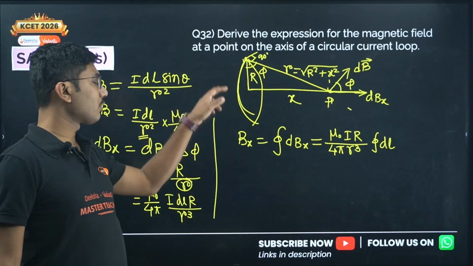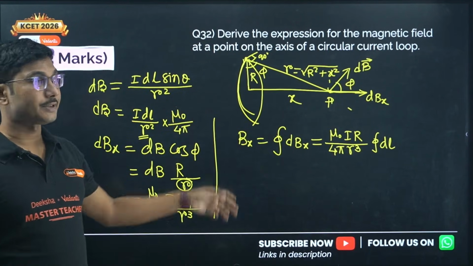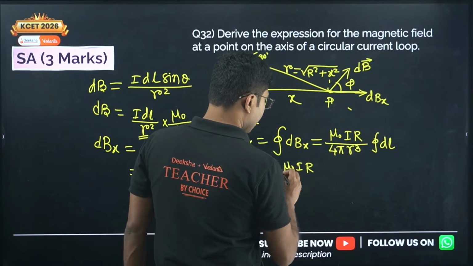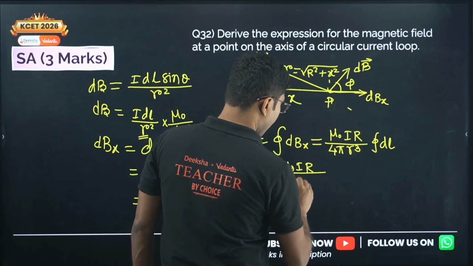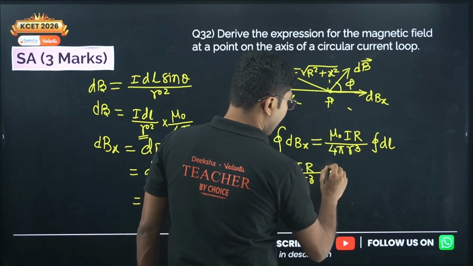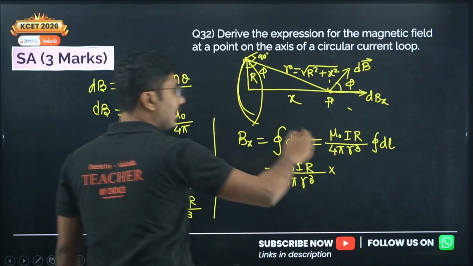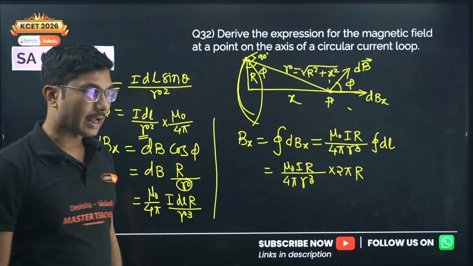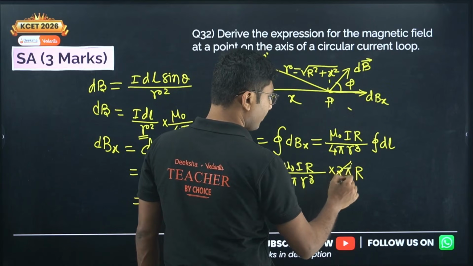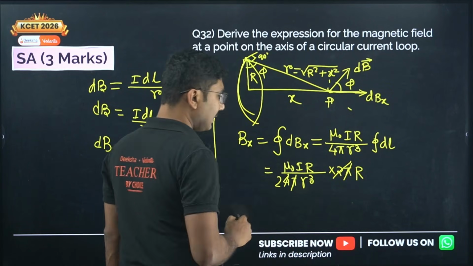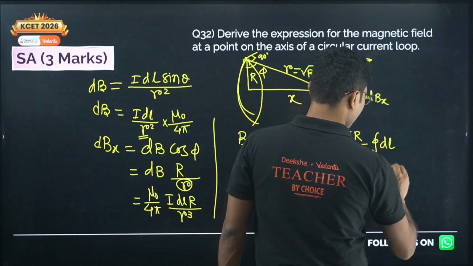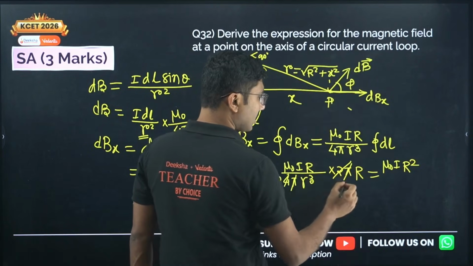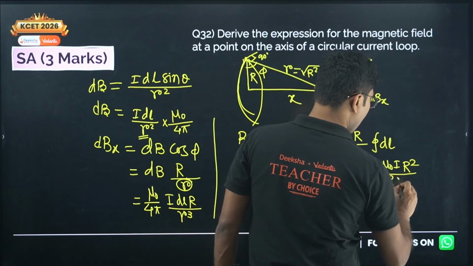We already explained, it is nothing but the circumference of the circle, that is 2 pi capital R. Don't make any mistake, it will be 2 pi capital R. So the 2 pi will be cancelled and we get our result as mu naught I r square divided by 2 r cube, since one r was here and one r is here.